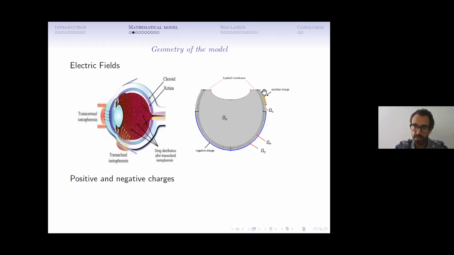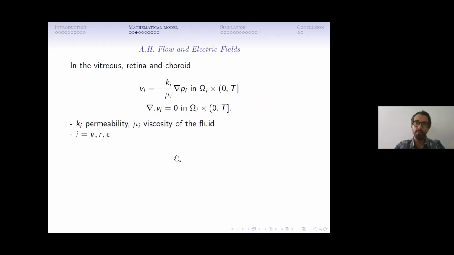We will consider a positive charge here, where is the zone where we consider the two types of injection, and in blue we will consider a negative charge. What is expected is to create electric fields that help the drug go to the optic nerve. So to solve the problem for the pressure related to the aqueous humor, we solve this type of equation.